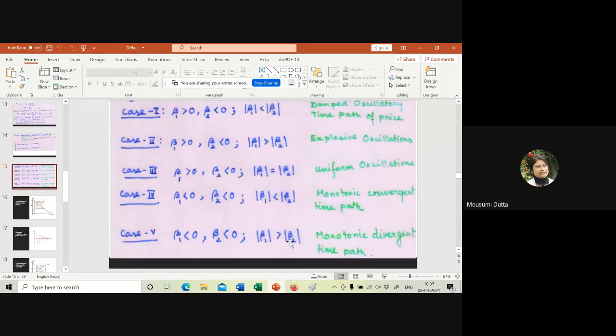Beta 1 greater than 0, beta 2 less than 0. So the supply curve is positively sloped, the demand curve is negatively sloped. And modulus of beta 1 by beta 2 is less than 1.